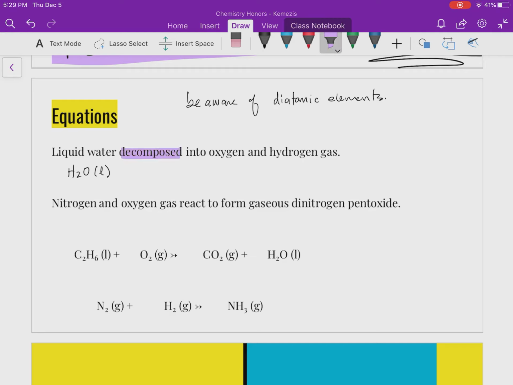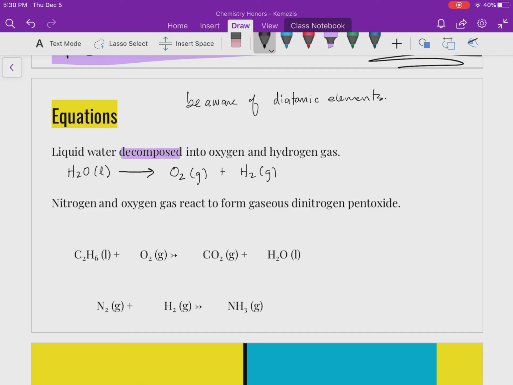So here's a word that is telling us the water is turning into new things. That's a key word to let us know that we are moving from the reactants to the products, and we are creating oxygen and hydrogen gas. Those are the natural states of hydrogen and oxygen, diatomics and gas.